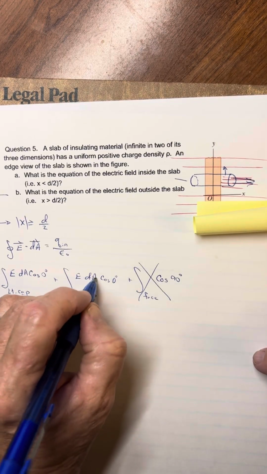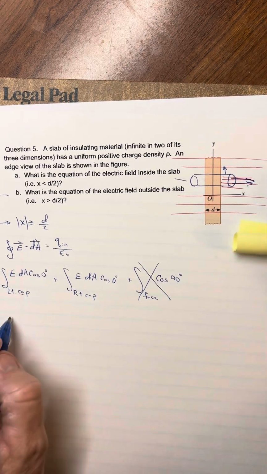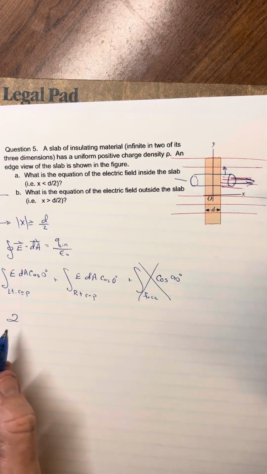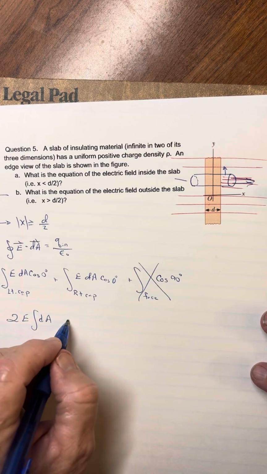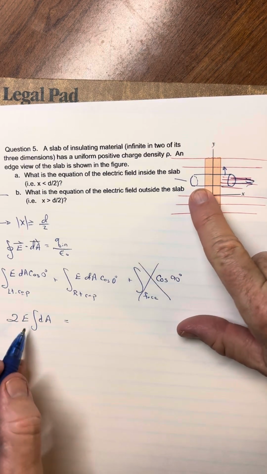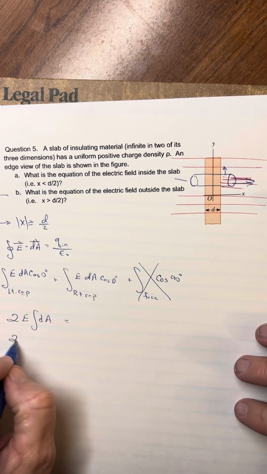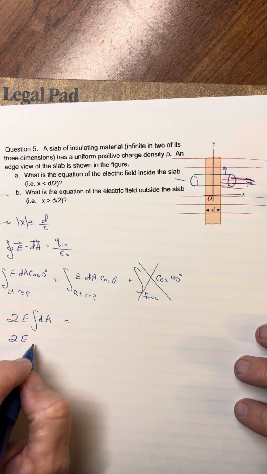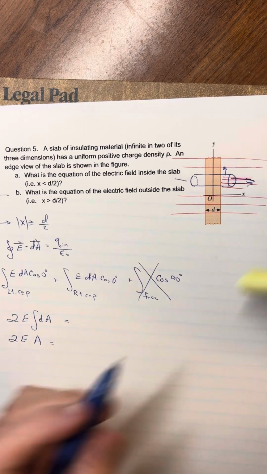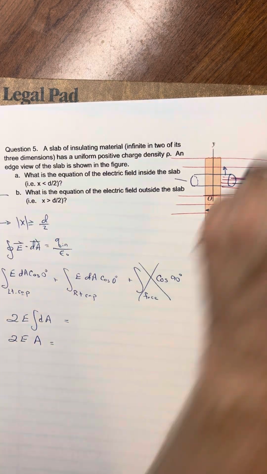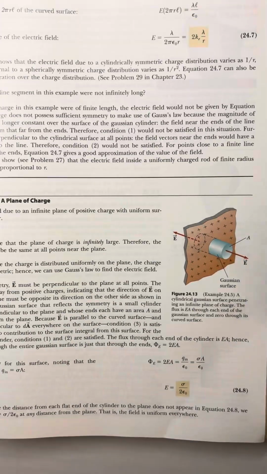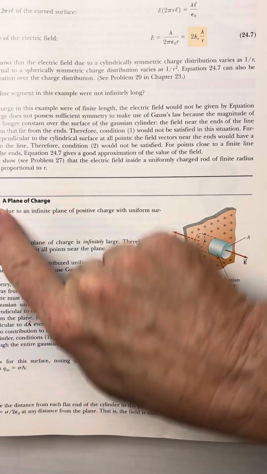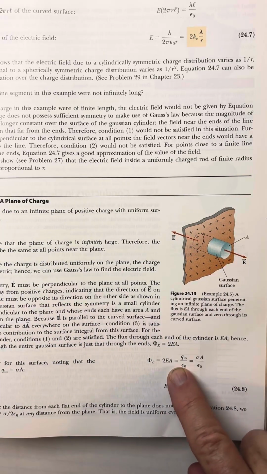And so we could argue that we have twice just one of them. And on one of them, the electric field would be the same on its entire surface. So you just get 2 times the electric field times the area of this cap. And that, of course, then is what example 24.5 did. It got 2EA.